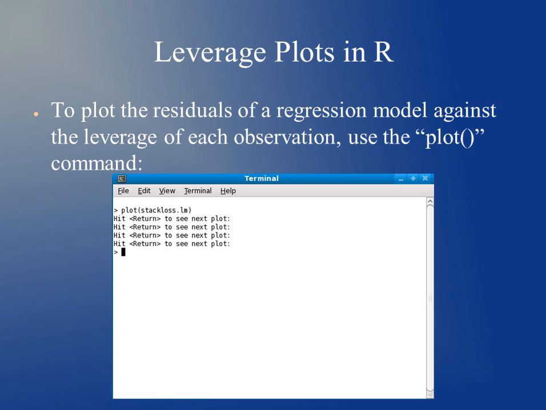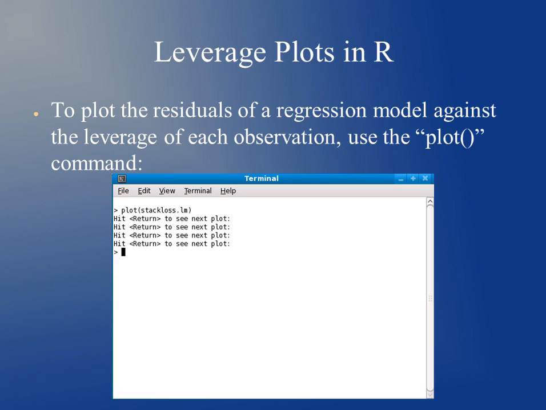Once we have that information, we want to plot the residuals of a regression model against the leverage of each observation to see, if values are extreme, how they influence the model. It might be that we have an extreme value for X, but it falls right on that regression line, so it doesn't have a lot of influence in our model.